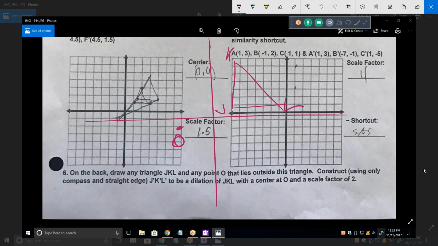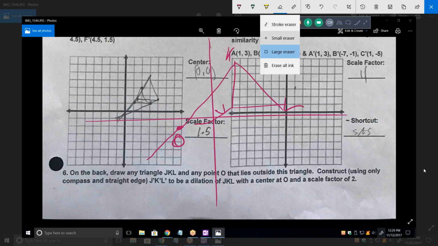Well, if it's got a center at O, what's my next step using a straight edge? Connect. Yeah, connect the original vertices with O. I know that all three of them are going to cross. Whoops.